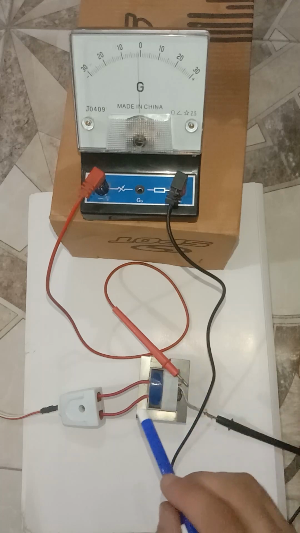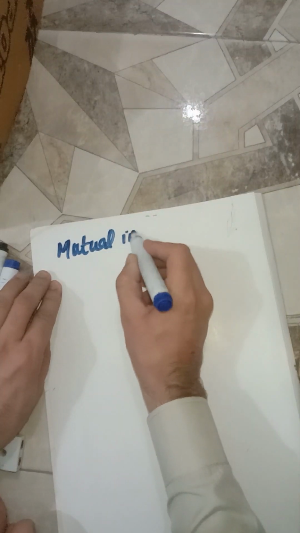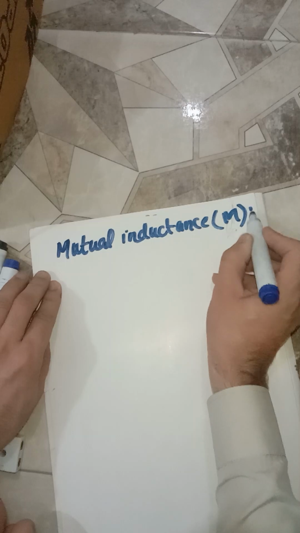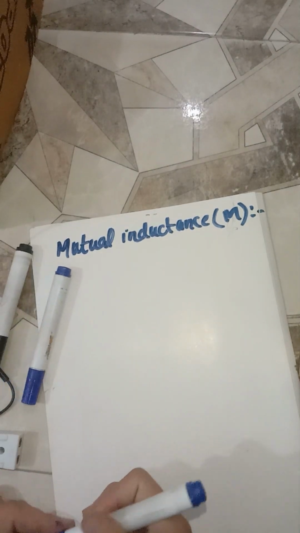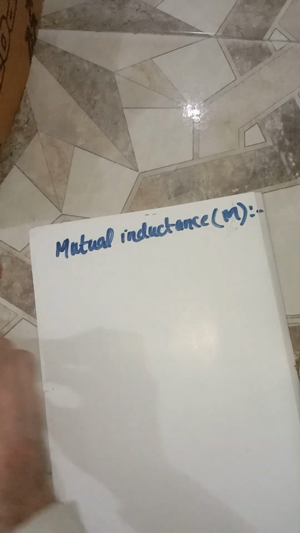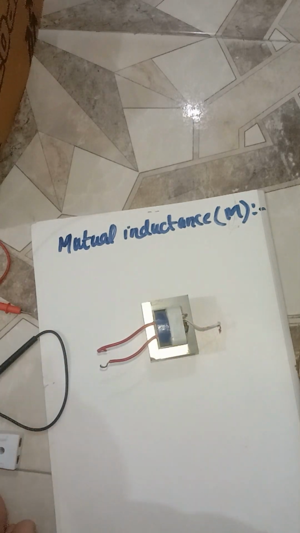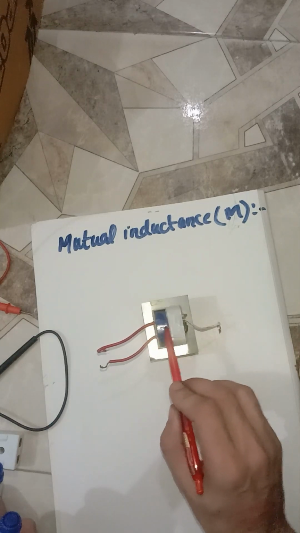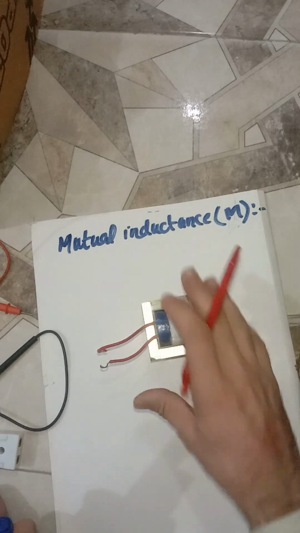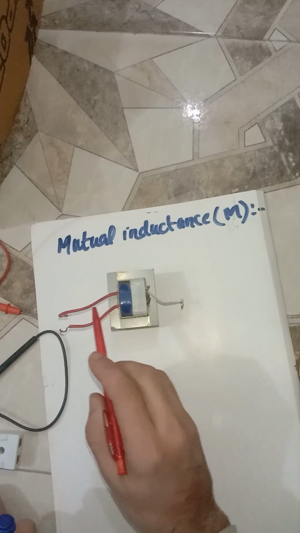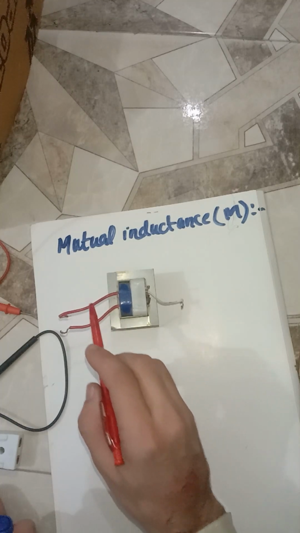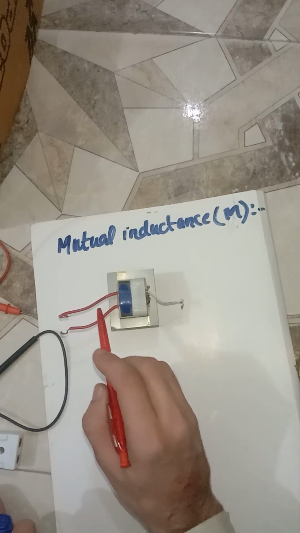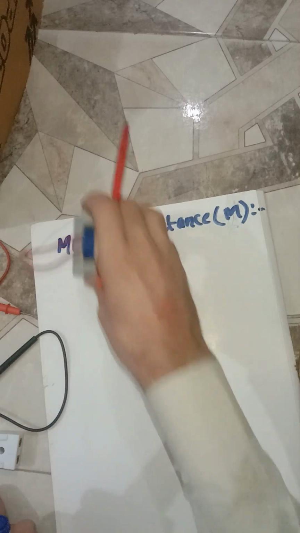the mutual induction. Mutual inductance is represented by the capital M. The EMF induced in the secondary coil due to the change in magnetic flux of the primary coil is directly proportional to the change in the current, the change in the direction or the magnitude of the current, in time del t.